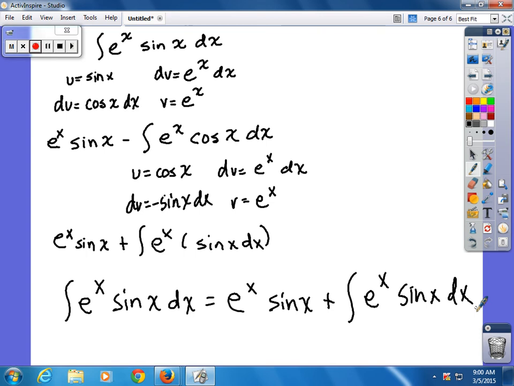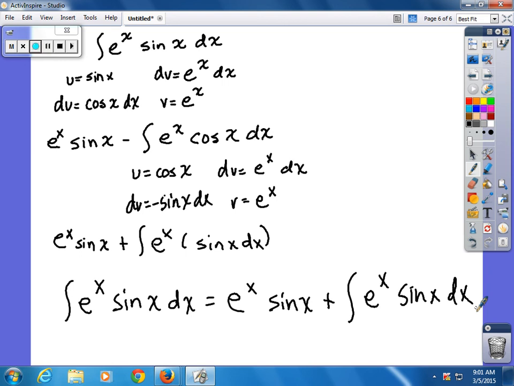Should be a minus, shouldn't it? Yeah. Because the derivative of cosine is the negative sine, it should be a negative.